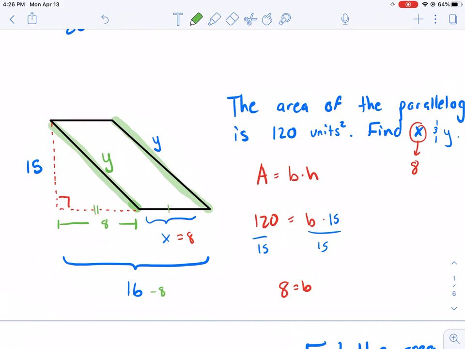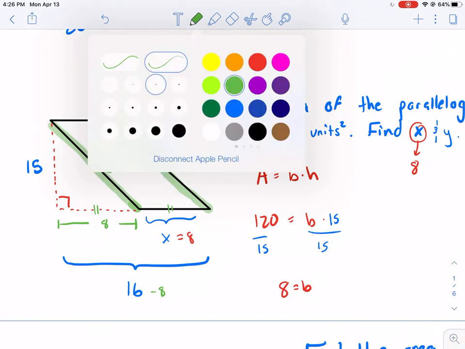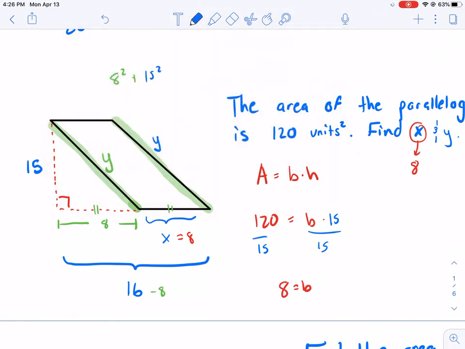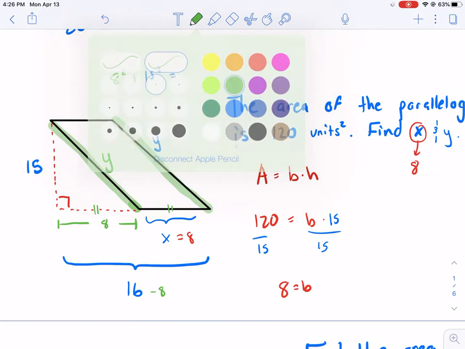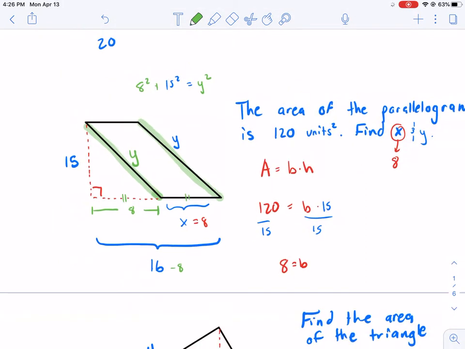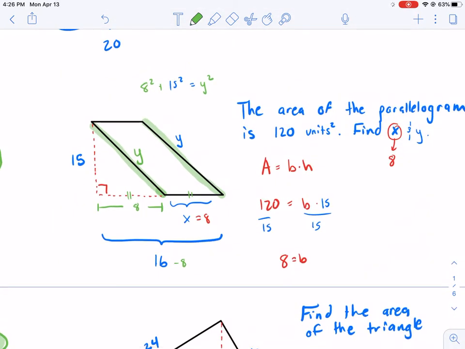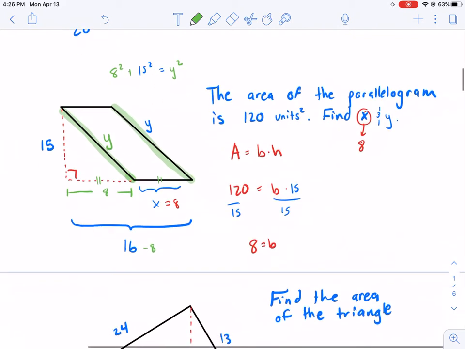These two distances are the same. Now we have 8, 15, and we have a missing side there. So if we wanted to, we could go 8 squared plus 15 squared and solve for y squared. Or we could recognize that we have another Pythagorean triple, which is an 8, 15, 17 triangle. So y is 17.